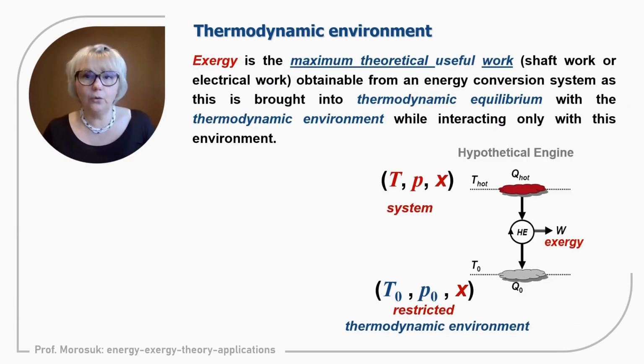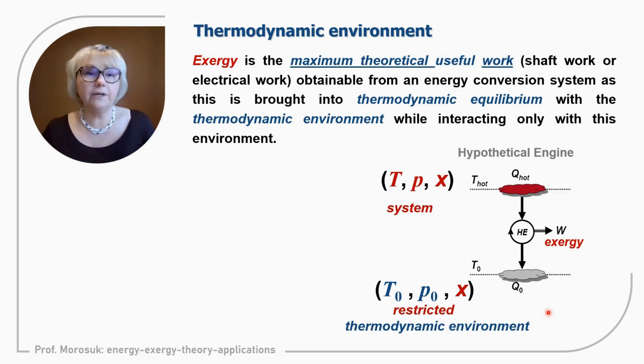Let us continue with the definition of the thermodynamic environment. In exergy, we can select the so-called restricted thermodynamic environment. What does it mean? For the thermodynamic environment, temperature T0 and pressure P0 are given, but the chemical composition of the environment is the same as the chemical description of the system. This is again something artificial, of course.